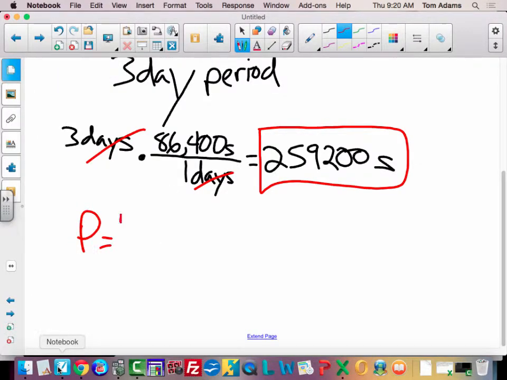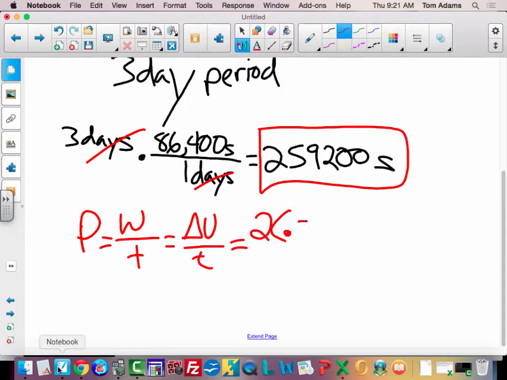So power is work done over time. Work can be the change in potential energy over time. My potential energy is 2 times the mass of each object times the acceleration due to gravity, 9.8, times delta y or delta h, or you could also say d for displacement.